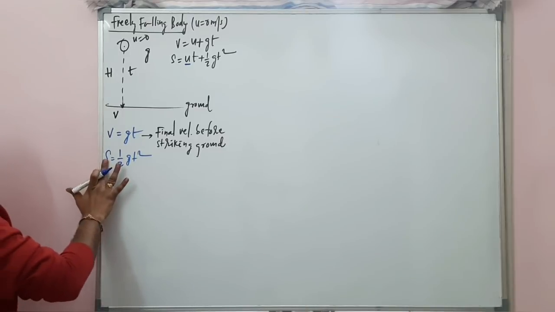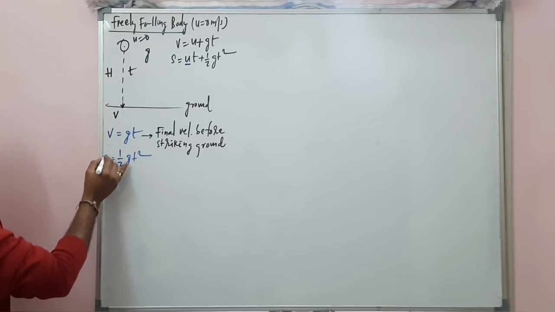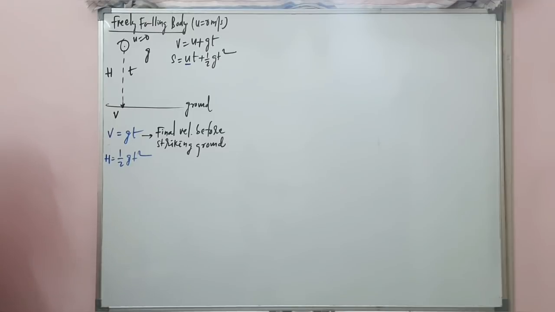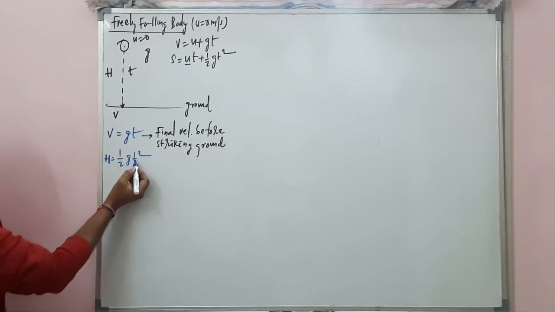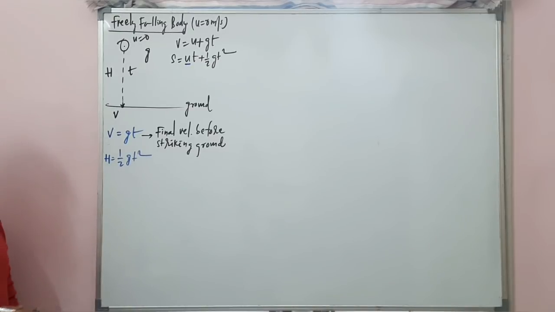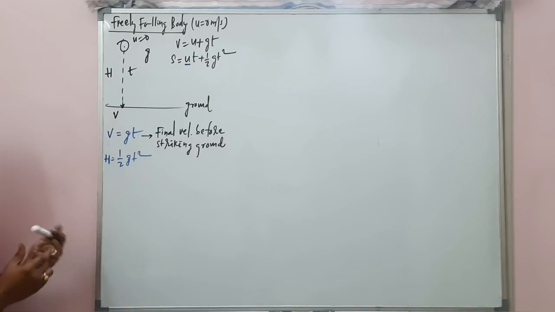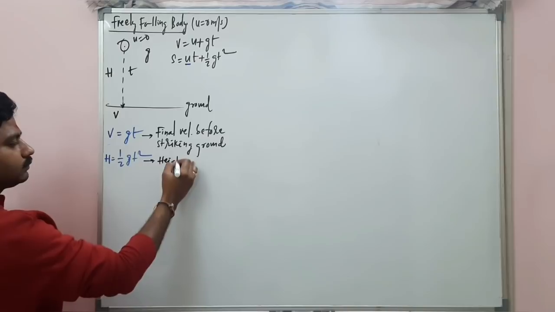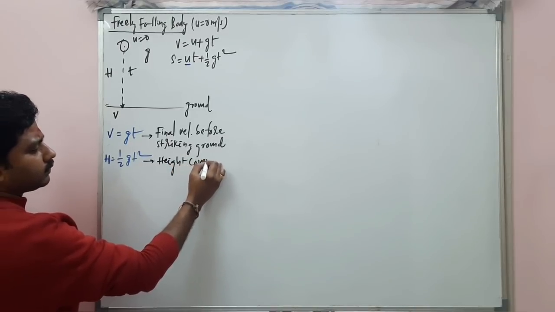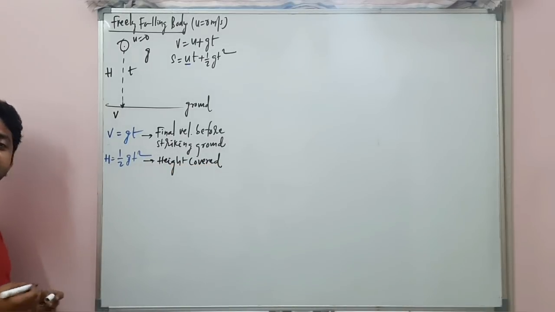So this s I can write or name it as h. h is equal to half gt square, right? So what is the height covered by the body in a time t? Half gt square. Okay, so that you write here, height covered by the body in a time t.